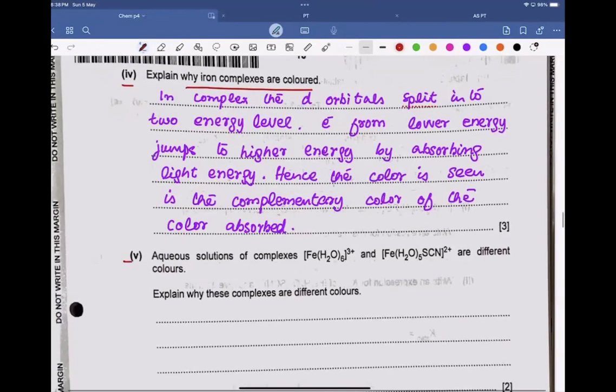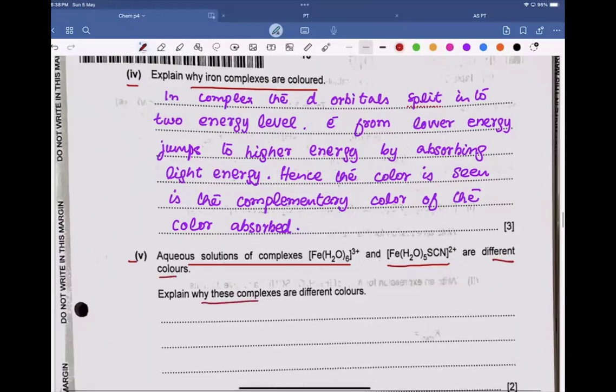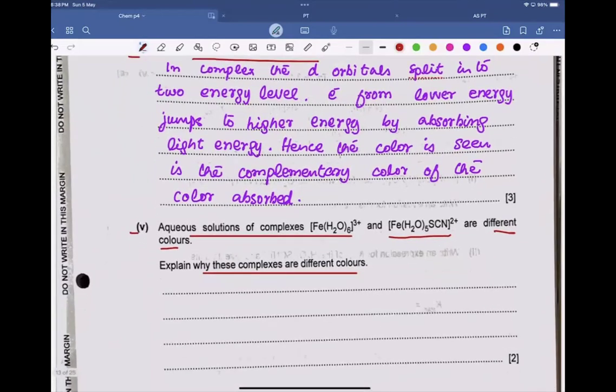Now part 5. Aqueous solutions of the complexes hexaaqua iron 3 and iron 2 are different colors. Explain why these complexes are different colors. Okay. So the reason behind is, see, both have different ligands, right?